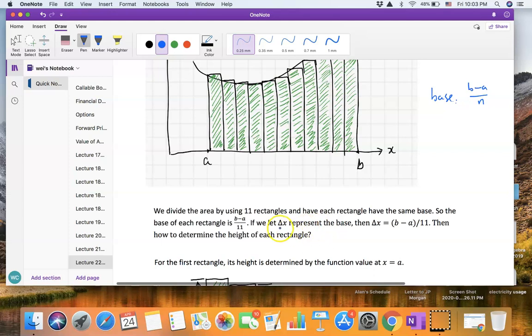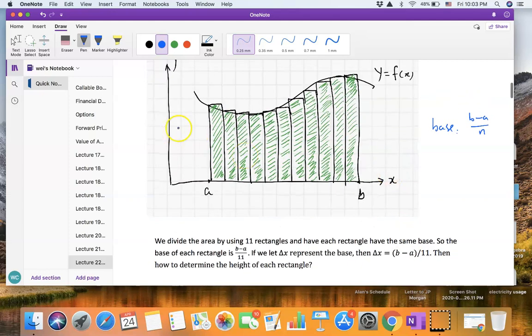So now I use this notation, delta x, to represent the base. So delta x equals this number, b minus a over 11. Now you can see the height of each rectangle is not the same, right?